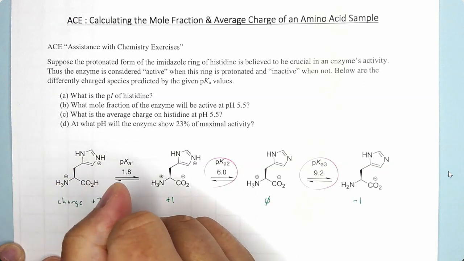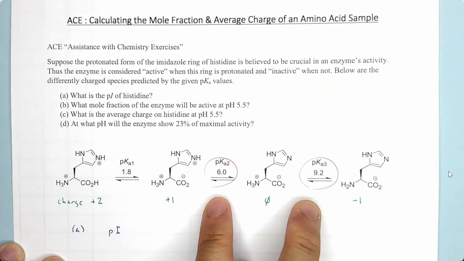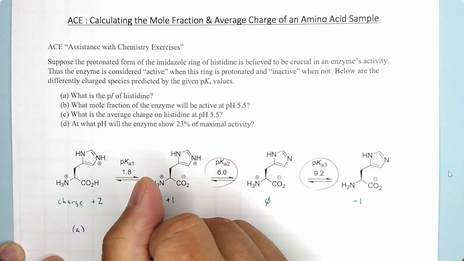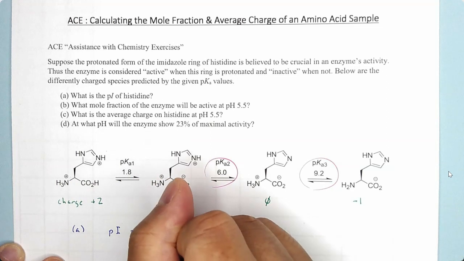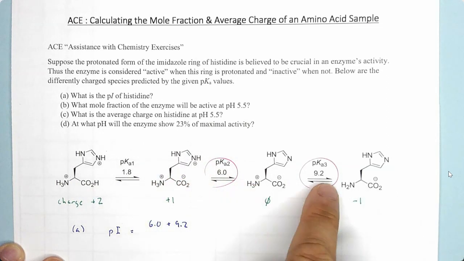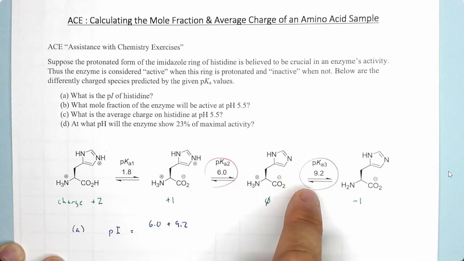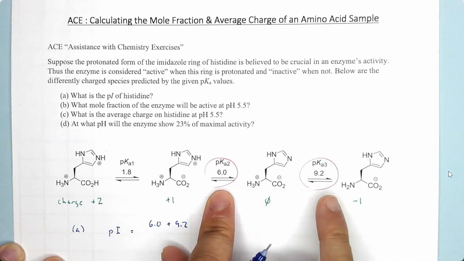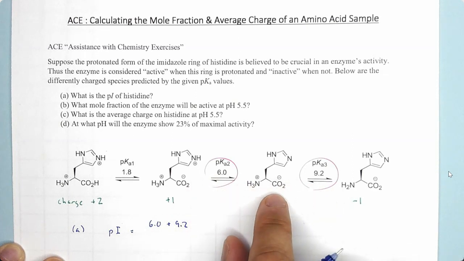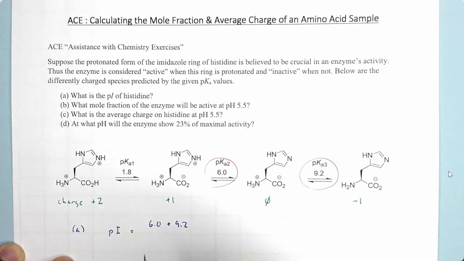and for the pI, you're picking the two pKa's that flank the neutral species, and you're taking the average of those two numbers. Because it would make sense that somewhere in between pH 6 and pH 9.2, we would have the predominant species be neutral.